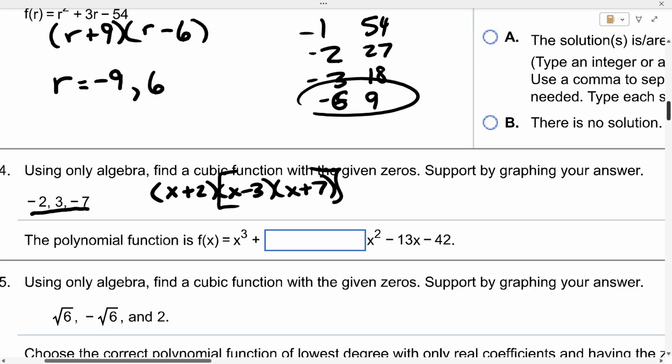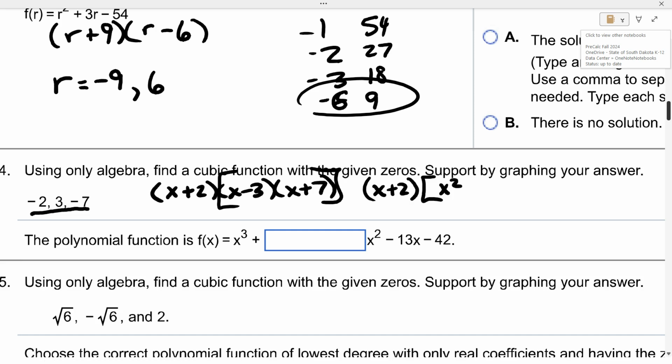Let's multiply these last two first. x times x is x squared. Outers is plus 7x. Inners is minus 3x. 7 minus 3 is 4x. Negative 3 times 7 is negative 21.